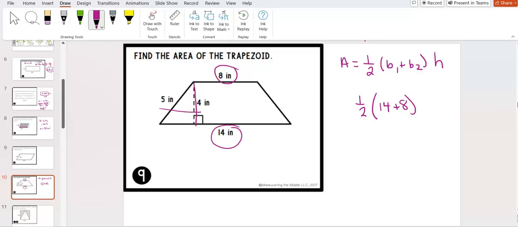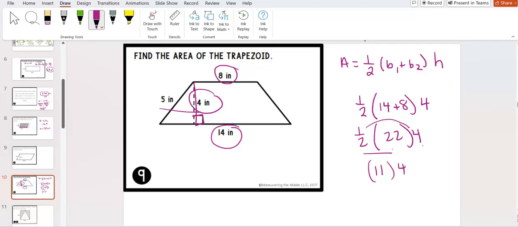Remember, the height comes from a 90-degree angle, so 4 is our height. So we're going to do 1/2 times 22 times 4. Now, you can do half of 22 and then times 4, or you could do half of 4 and then times 22. Both would be proper ways to get your answer. And in the end, we get 44 inches squared.